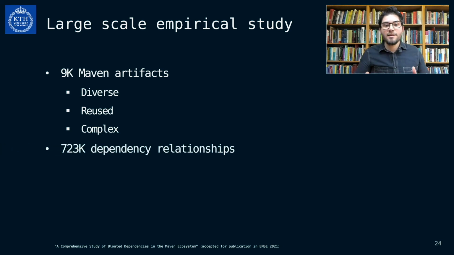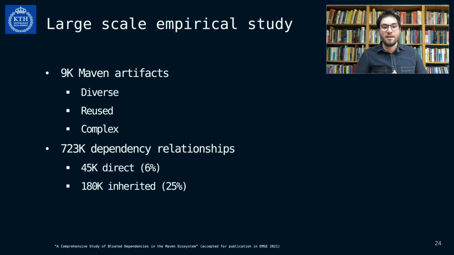The selected 9,000 Maven artifacts contain a total of 723 dependency relationships, of which 6% are direct, 25% are inherited, and 69% are transitive.